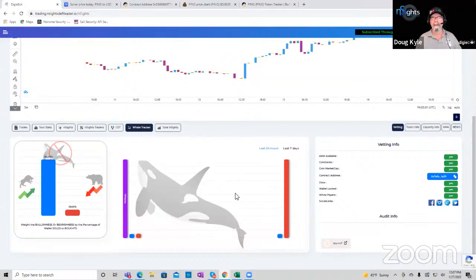They have really high taxes and all kinds of stuff in them, but really no other underlying utility to drive that token, and they don't have anything like nSights.